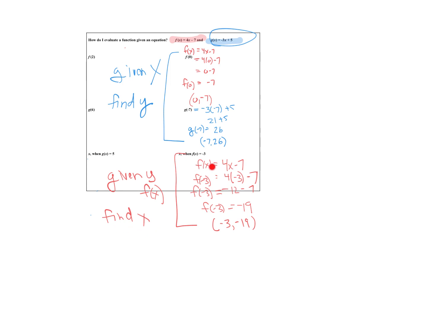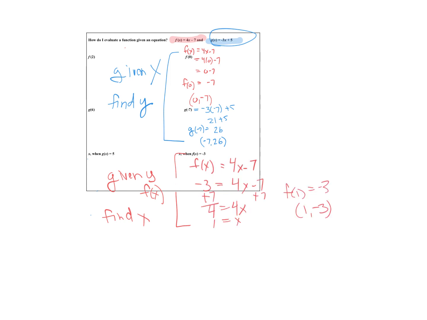And so that tells us when we look at our equation here, and we're told f of x is equal to negative 3, we're going to put that in place of the f of x, find x when f of x equals -3.